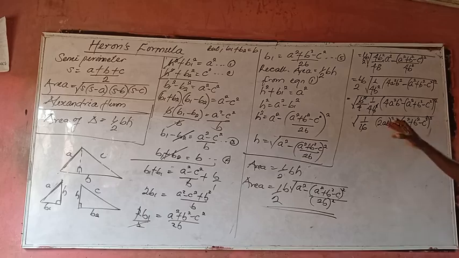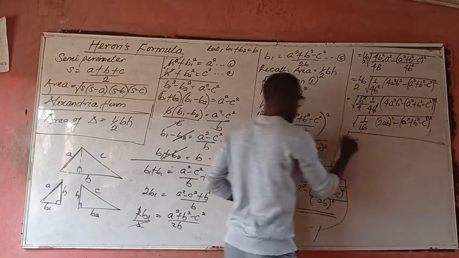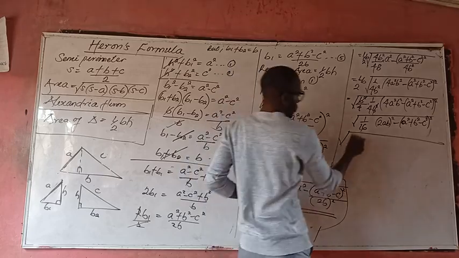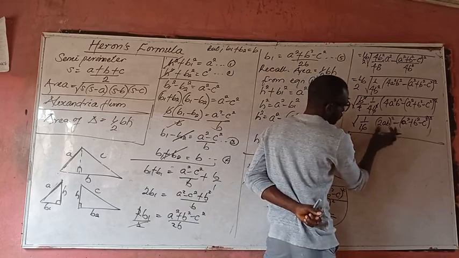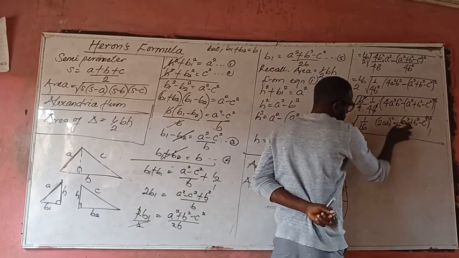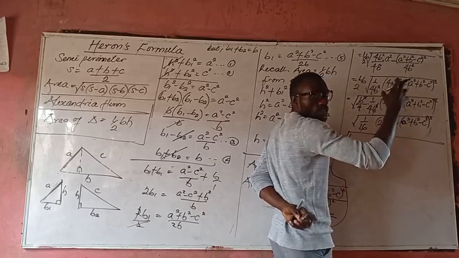All right. So I will now express this as difference of two squares, just like what we did here. So we have 1 over 16 multiplied by, now difference of two squares, that is the first term plus the second term, and the first term minus the second term. Does it make sense?